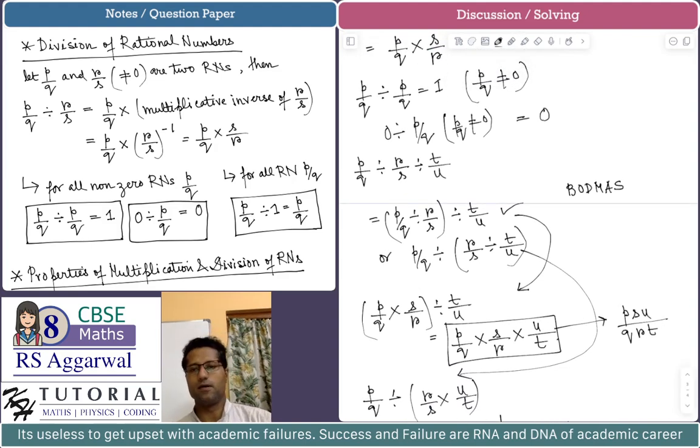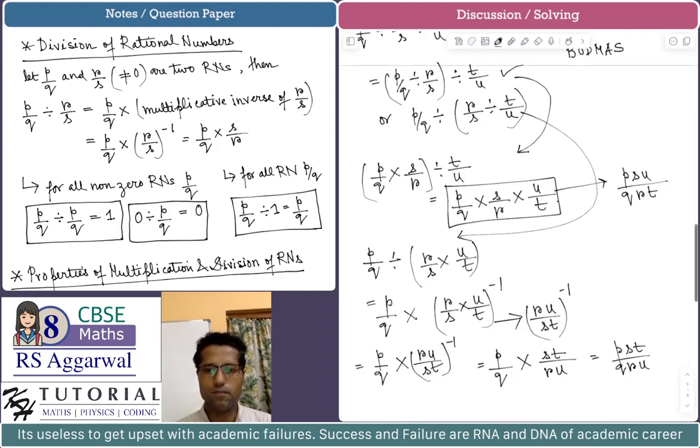That is, we take two rational numbers at a time from the left hand side and operate the division, and this way we proceed towards the right hand side, because there could be more than three rational numbers. We evaluate the division and then proceed this way towards the right until all the division operators are evaluated. Okay.